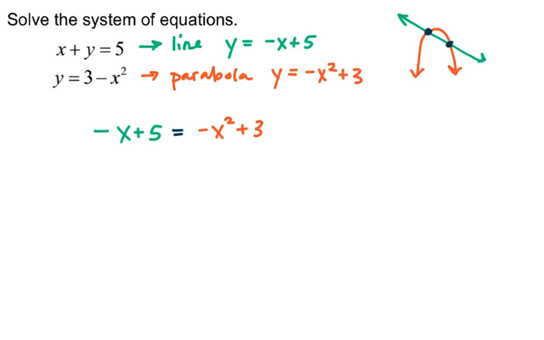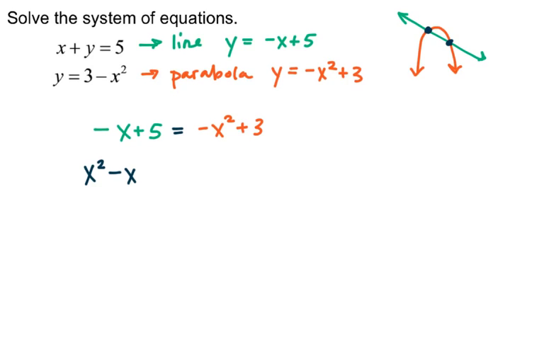So now this is just solving a quadratic equation. When we're solving a quadratic equation, we like to get all of the terms on one side so that it's in descending order equal to 0. I have x squared minus x, and then 5 minus 3 is going to give me plus 2 is equal to 0. Now, are there 2 factors of positive 2 that will sum to give me negative 1?